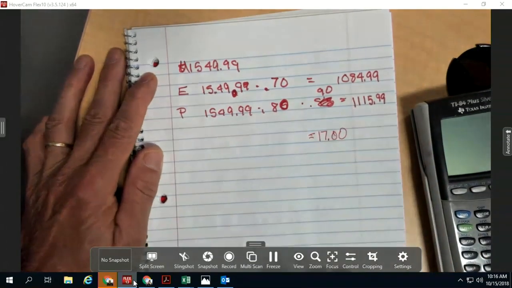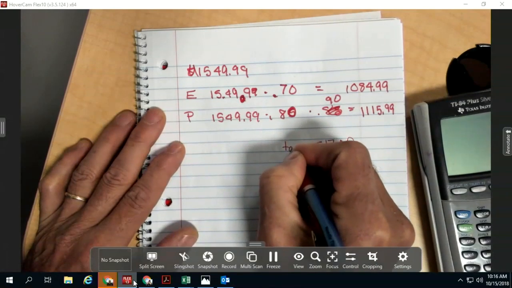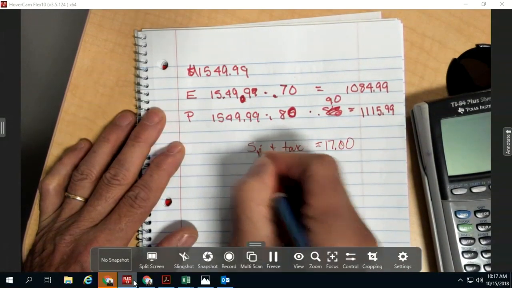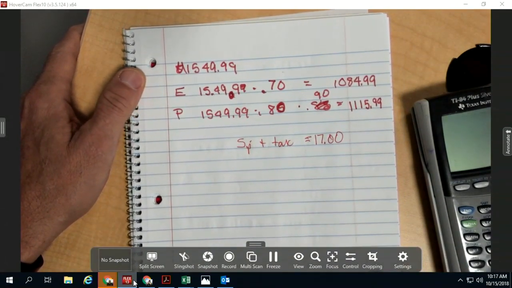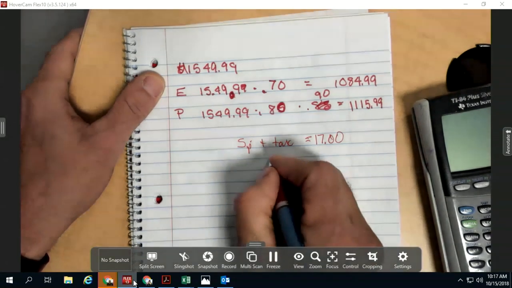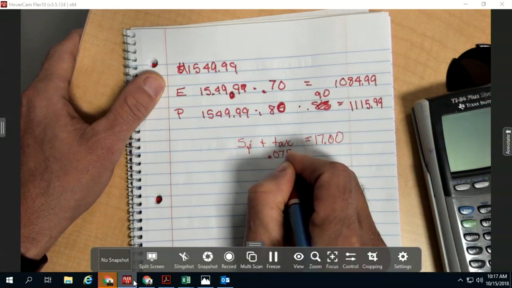$17 is, well, what is it? It's the tax plus the selling price, correct? What does it say the tax is? 7.5. Yes, 0.075.